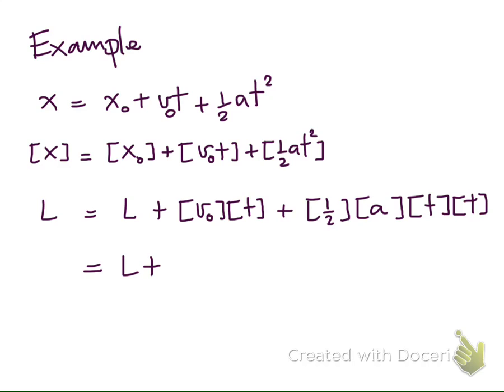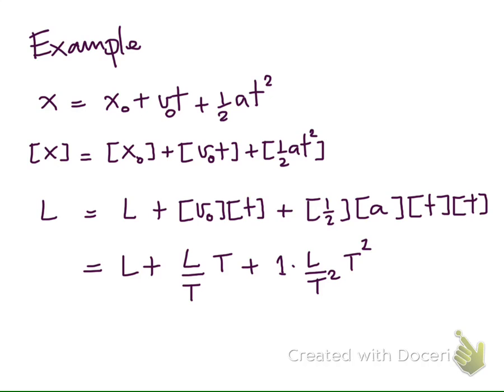The dimension of v0 is length over time, and the dimension of time is of course T, plus the dimension of half is 1, it's just a number, times the dimension of a, which is L over T squared, and the dimension of t times the dimension of t is T squared.